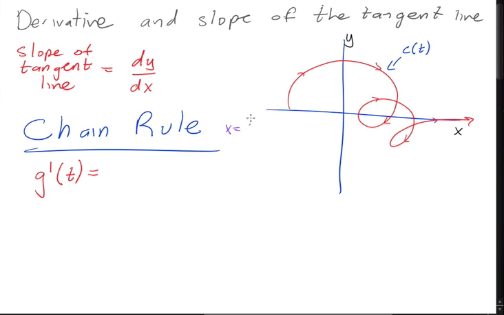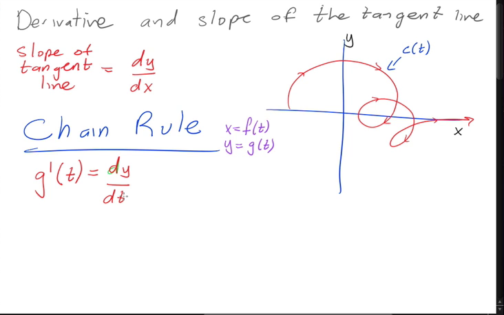So we have x is equal to f of t, and then y is equal to g of t. Okay, so g prime of t is equal to what? dy over dt, right?